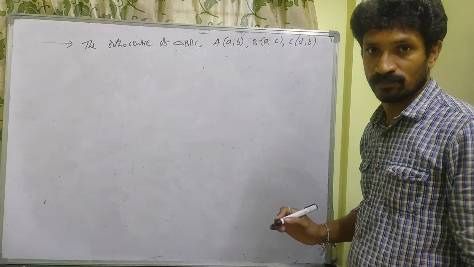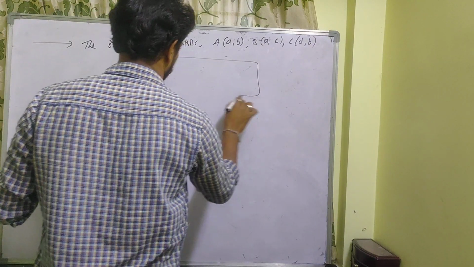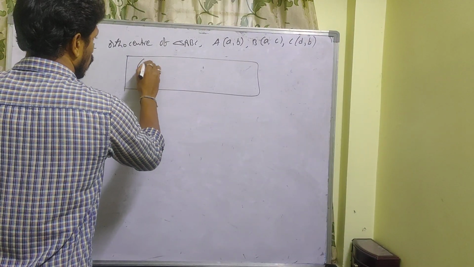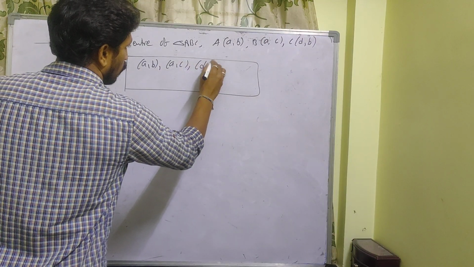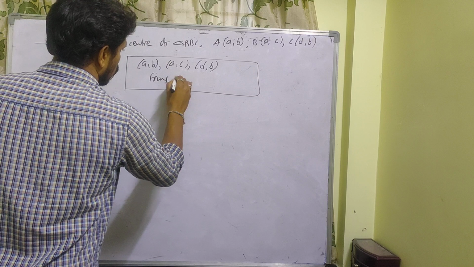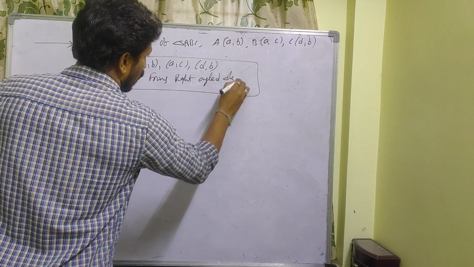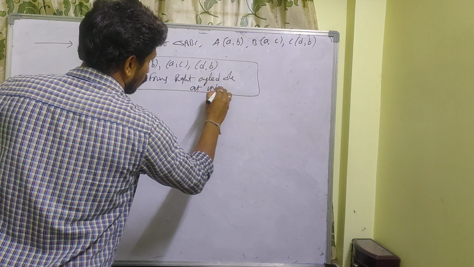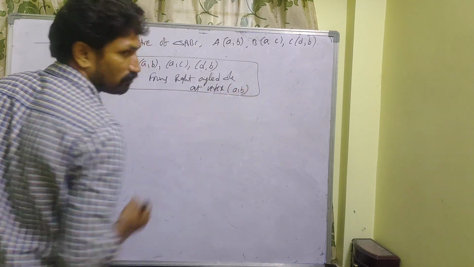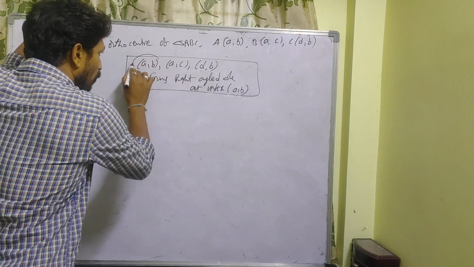Once you observe, this is a very, very important note. The vertices (a, b), (a, c), (d, b) form a right angle triangle at the vertex (a, b). Whatever you take, you find one of the vertices like that.